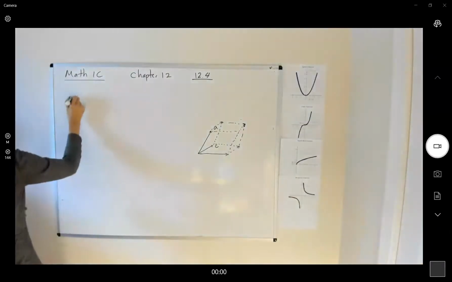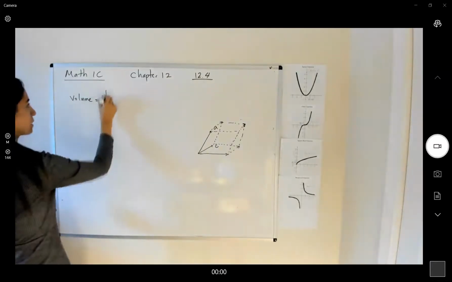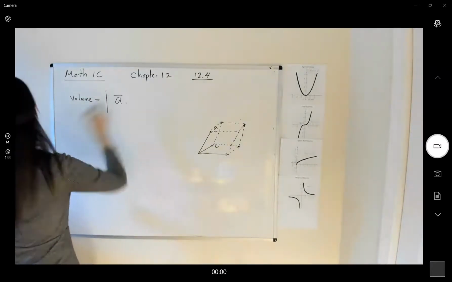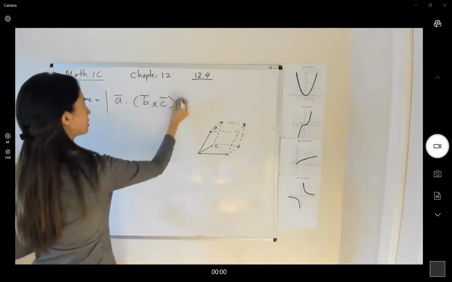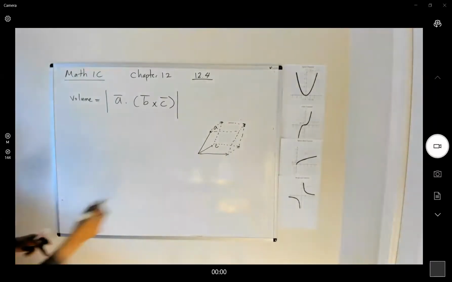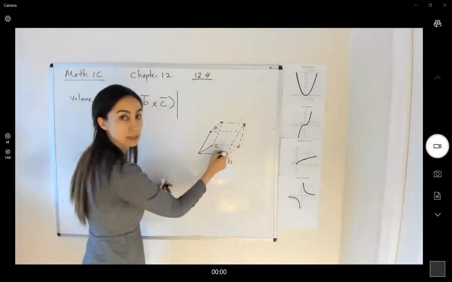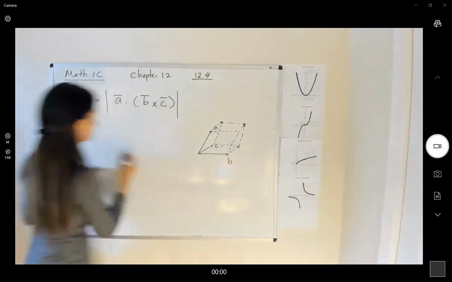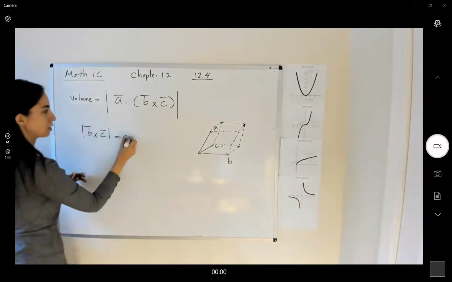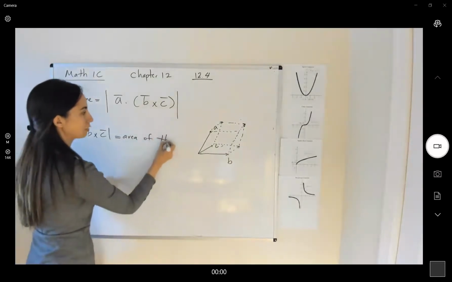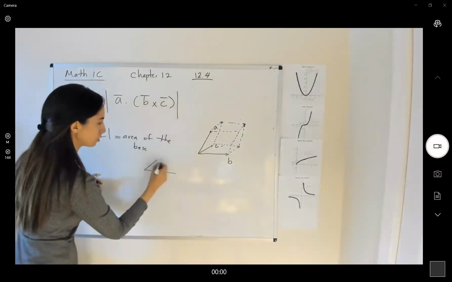The volume of this 3-dimensional object is actually the magnitude of A dot product with B cross C. The magnitude of B cross C is the area of the base. What is your base? Base is just right there.